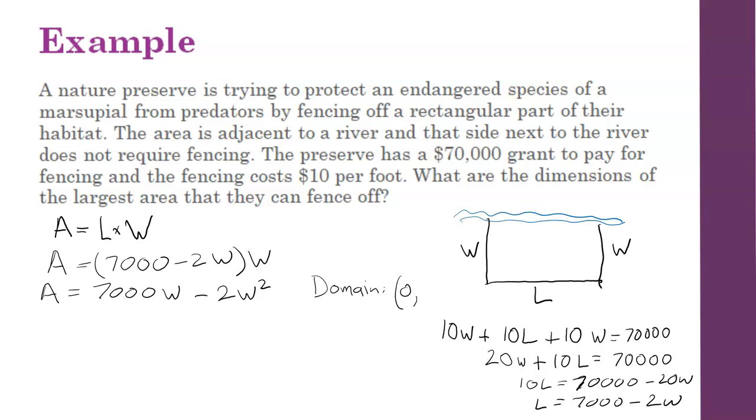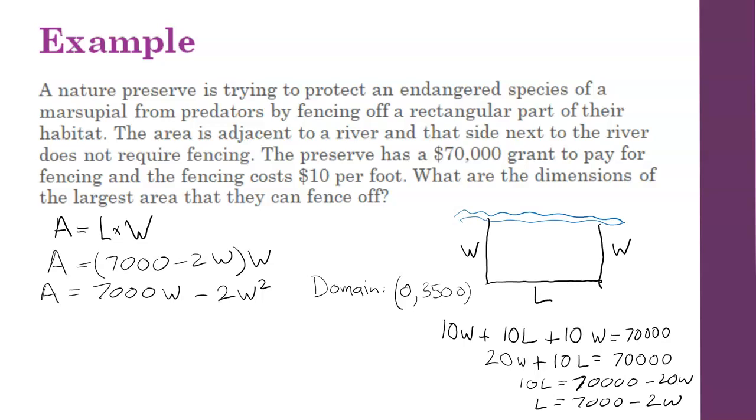And again, this equation is the result of our budget constraint. So I'm looking at the simplified version of that equation. So my width in this case cannot go beyond 3,500. And again, as soon as it hits 3,500, once again, my length would become 0, and I wouldn't have had any area left.